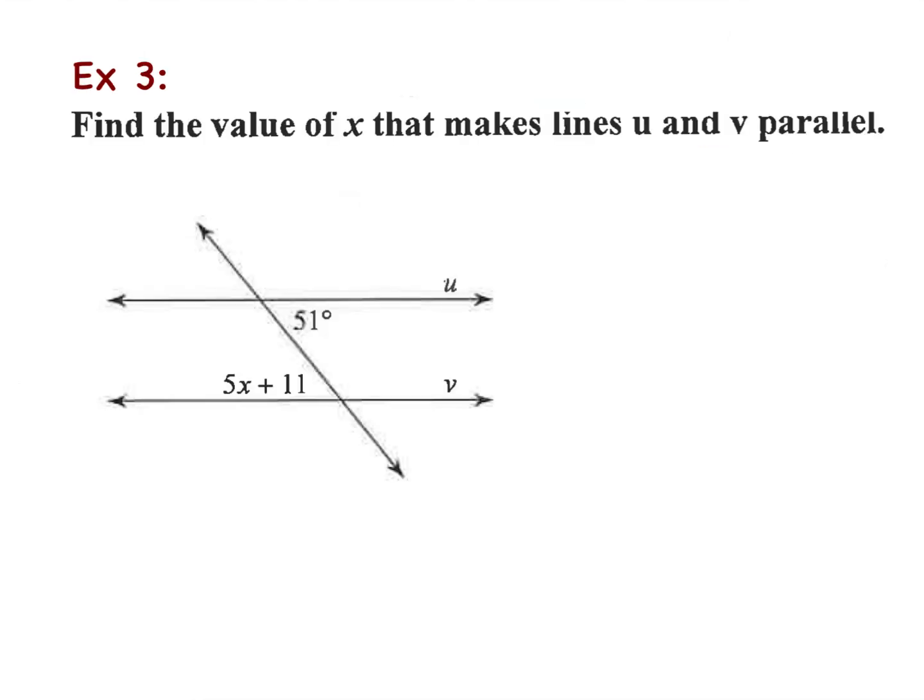All right, draw this one. All right, look at this. Quiet. The 51 and the 5x plus 11, what are they to each other? Alternate interior. So converse. Okay. And they're what? They're congruent. So we're going to do what?